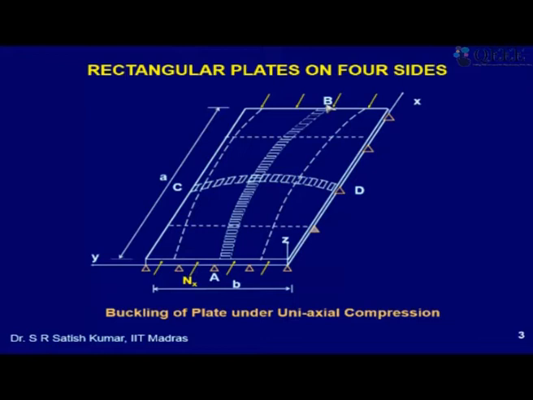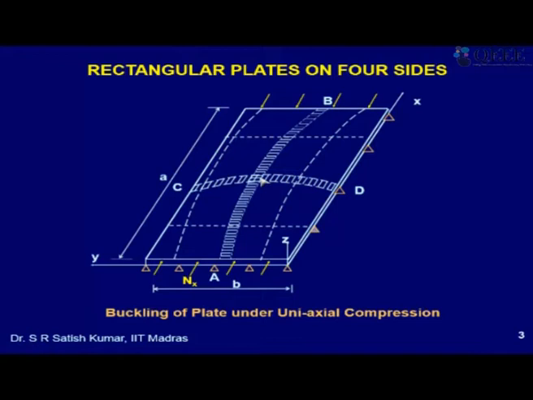Okay, so in that process the middle strip tries to buckle, and then the transverse strip CD, which is not having any compression along its length, is not willing to buckle, I would say. So it will try to bend as a consequence and try to restrain this middle strip from buckling further.